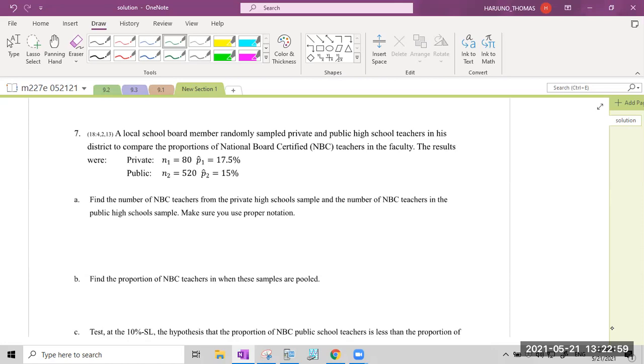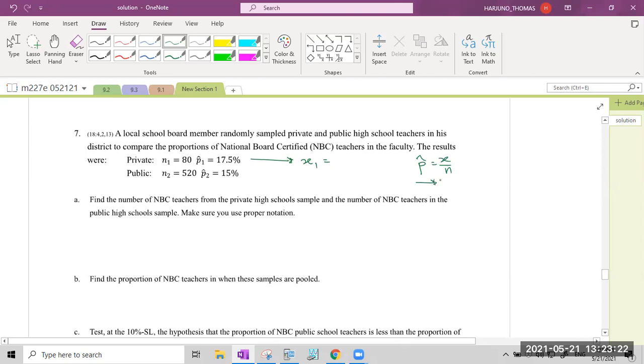Now the result were, in the private school of 80 teachers, 17.5% are certified. Now, can you find out what is the X? We know that the formula is P hat equals X over N, right?